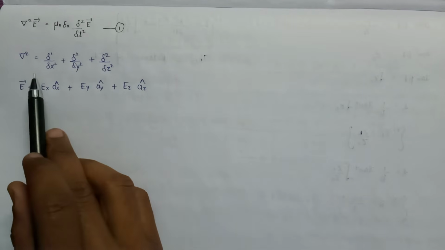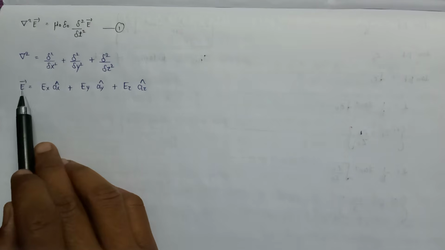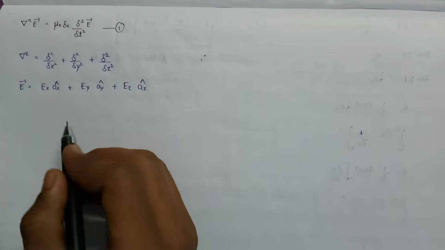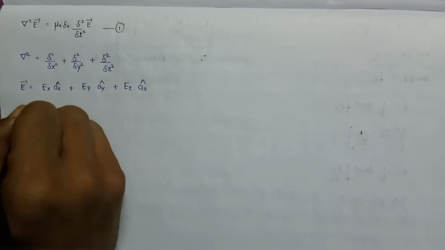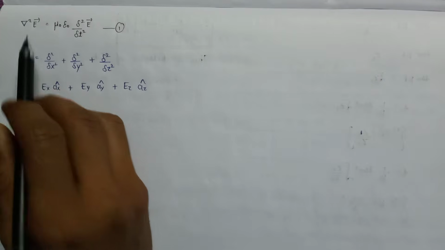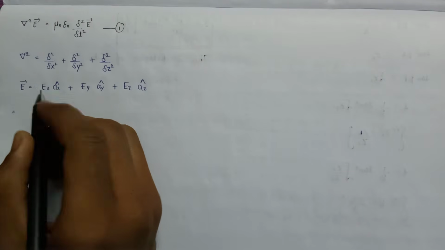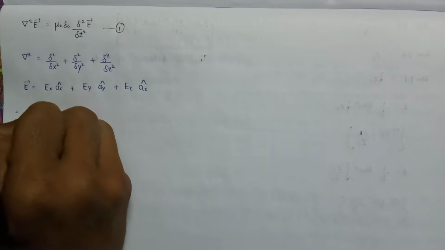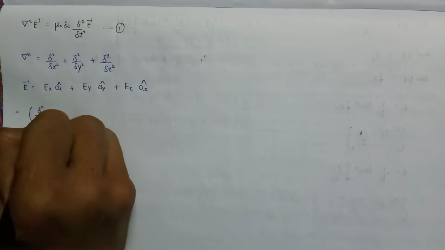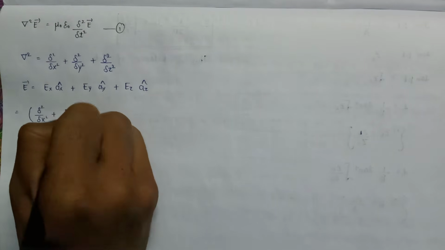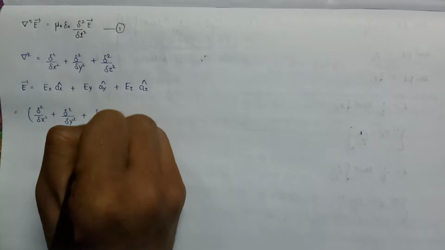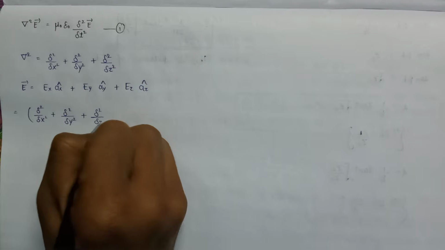Now if we put the values of del 2 and E in equation number 1, first of all we will put the values in LHS. Putting the value of del 2, we get del 2 over del x square plus del 2 over del y square plus del 2 over del z square.